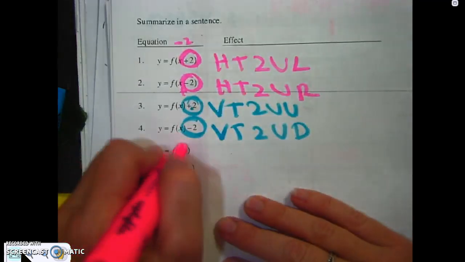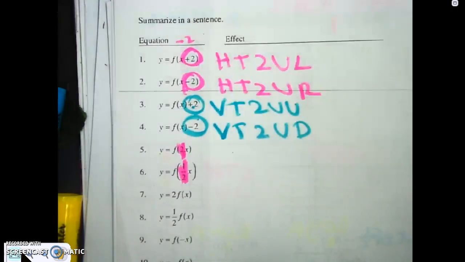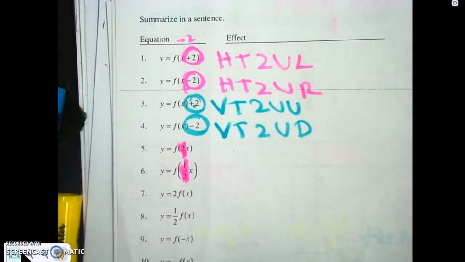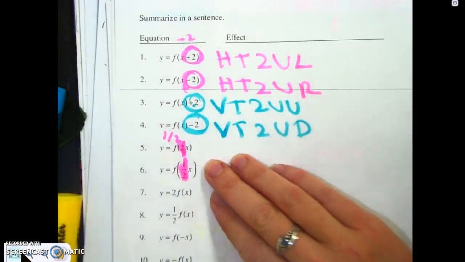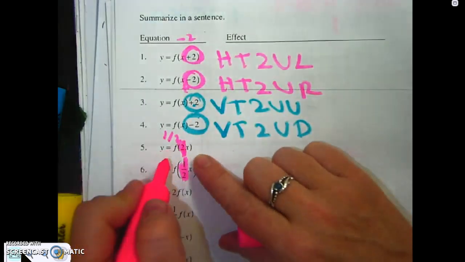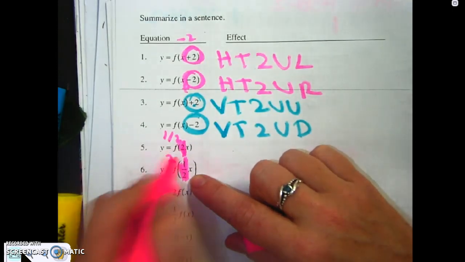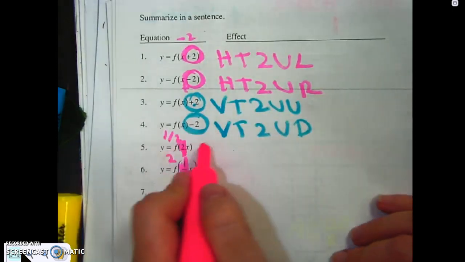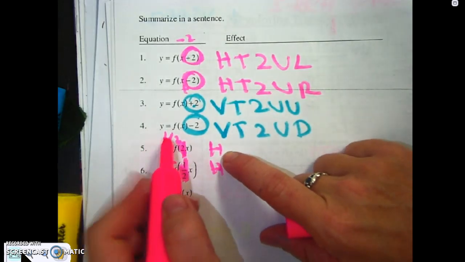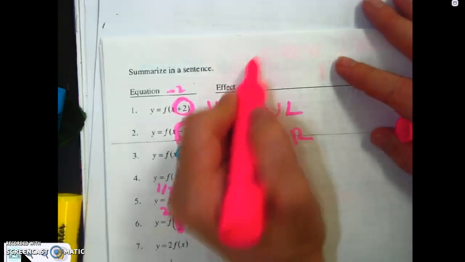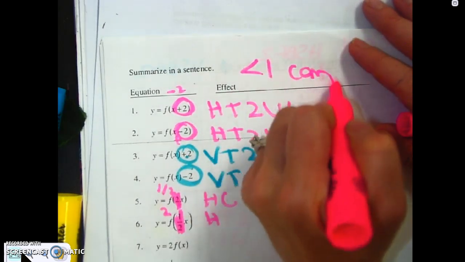This one is with the x. But remember, when it's with the x, it's not actually what you think it is. So you do the reciprocal. When you flip 2, you get 1/2. When you flip 1/2, you get 2. They both start horizontal. But because it's less than 1, it's a compression. If it's less than 1, it's a compression.